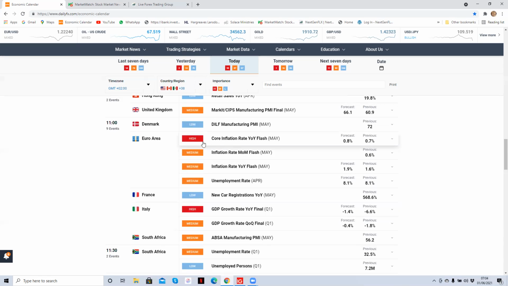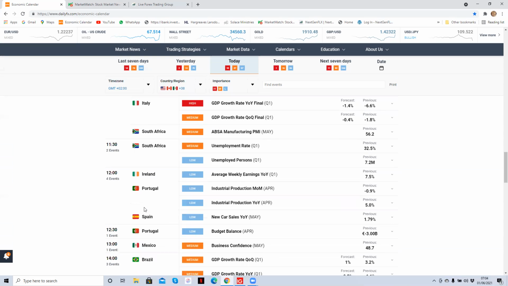So that core inflation rate would impact the euro and hence the Euro US dollar. We also have the GDP from Italy, but Italy is not a significant economy, so we can just ignore that. It's not going to really impact the markets.